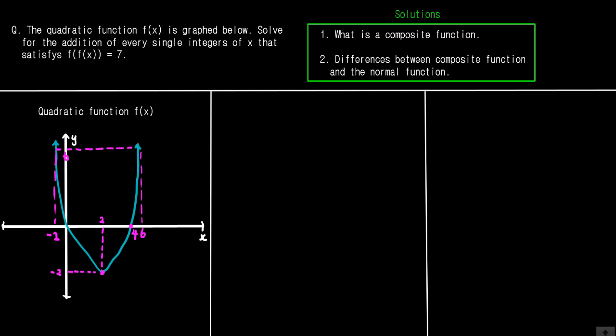Well, what is function f first? A function requires a specific input, and with that input, according to the equation that the function contains, there is going to be a specific output.